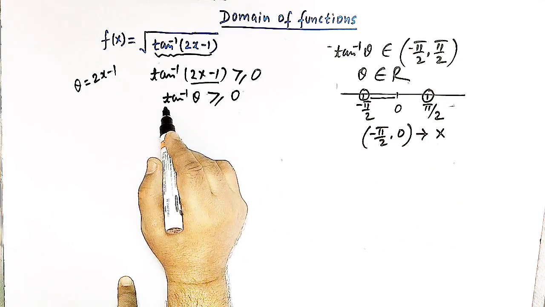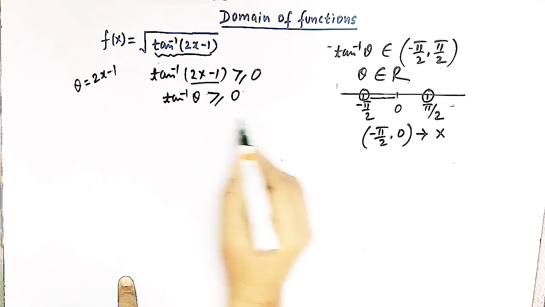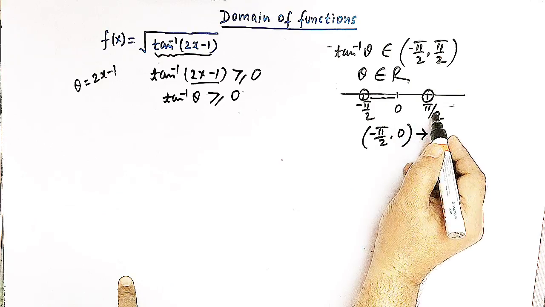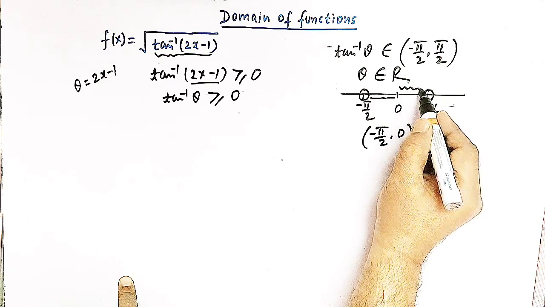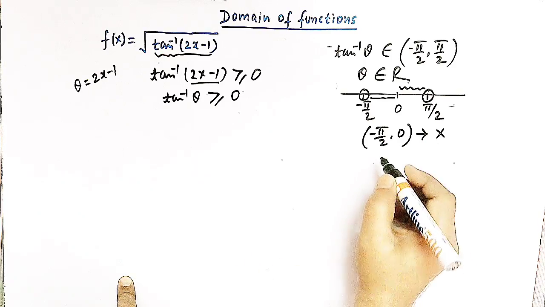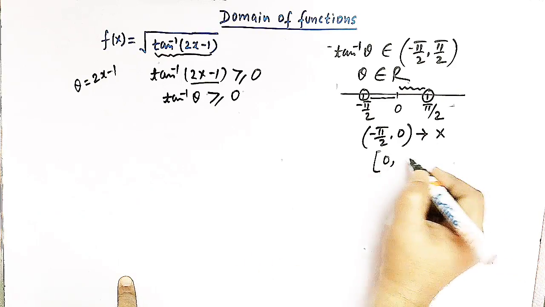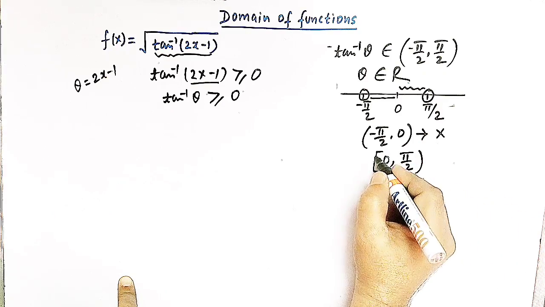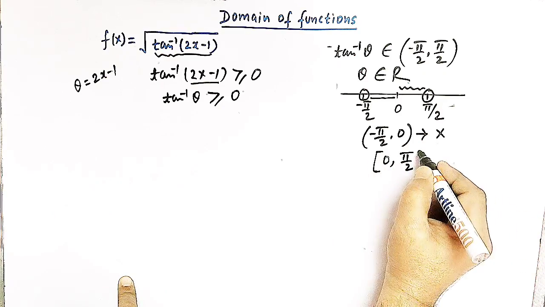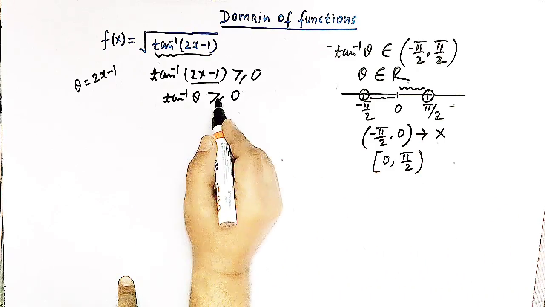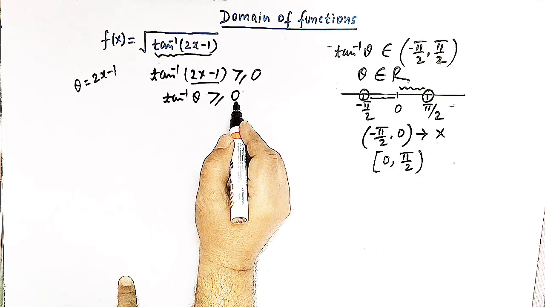The acceptable values of tan inverse theta must lie from 0 to pi by 2, because this interval contains all the positive numbers. So we have 0, closed, and pi by 2, open end. Tan inverse theta has to be greater than or equal to 0.